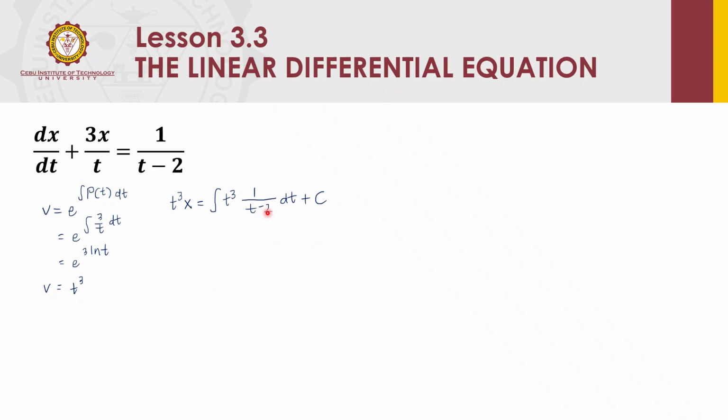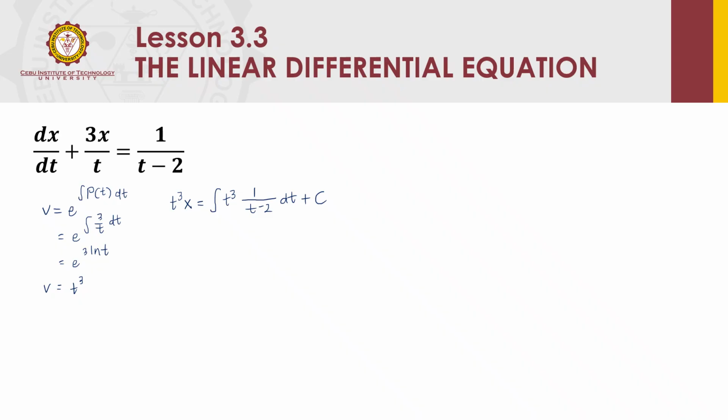So we have here t cubed over t minus 2. We cannot use simple substitution directly, so we need to divide t cubed by t minus 2 by long division or by synthetic division. Since the divisor is only t minus 2, we can use synthetic division.